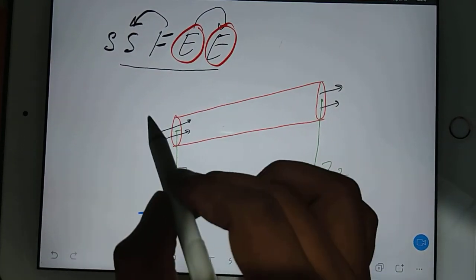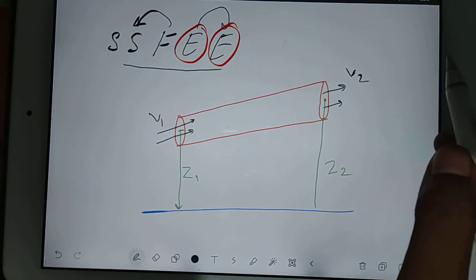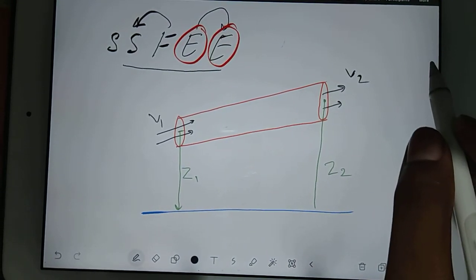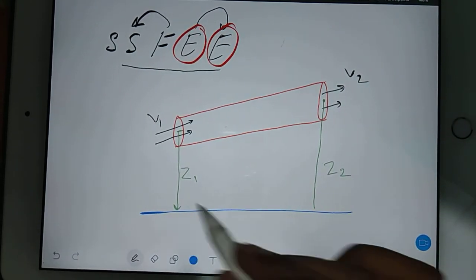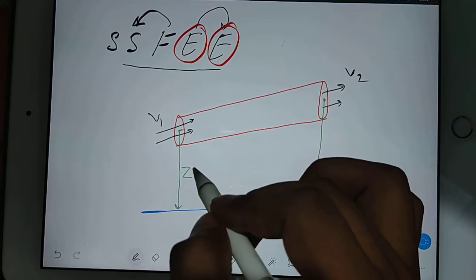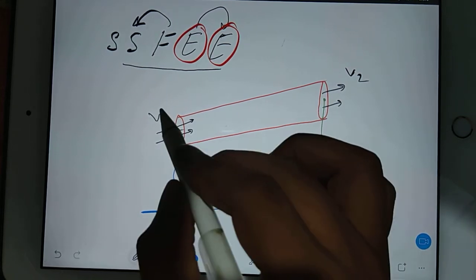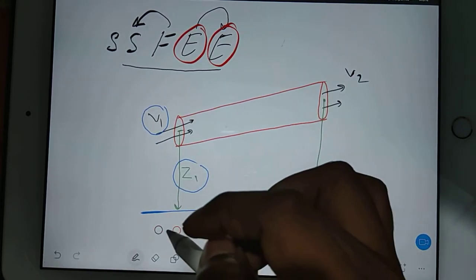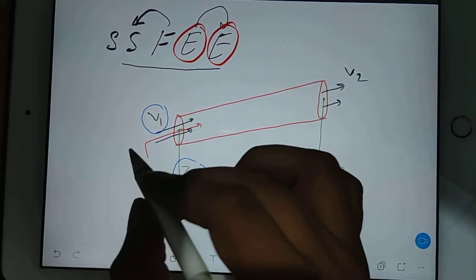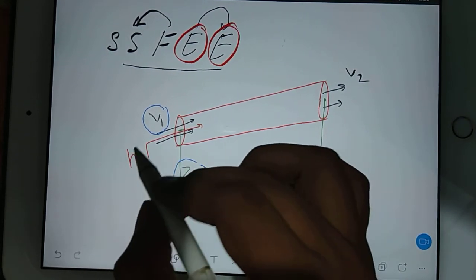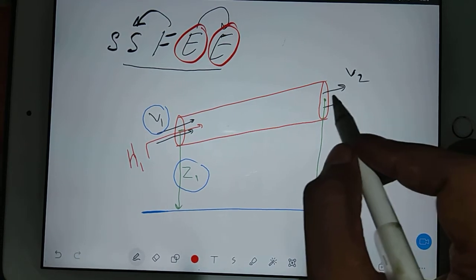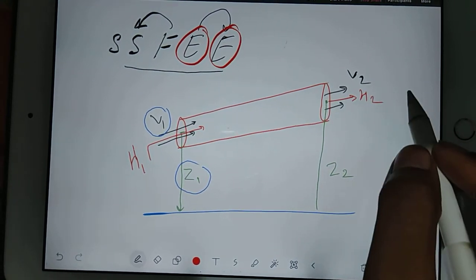When the flow enters, it will enter with a particular velocity and exit with a particular velocity. And when the flow enters, the entire energy other than potential and kinetic will be your enthalpy. So here you have enthalpy capital H1, and here you have enthalpy capital H2.